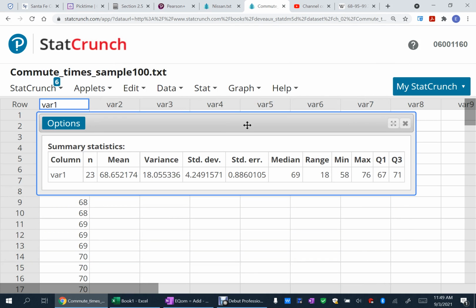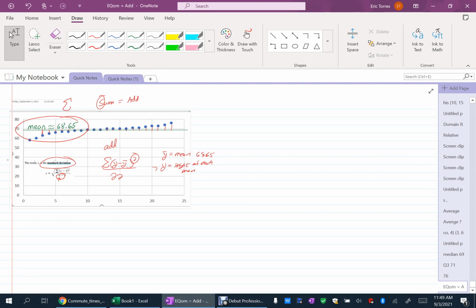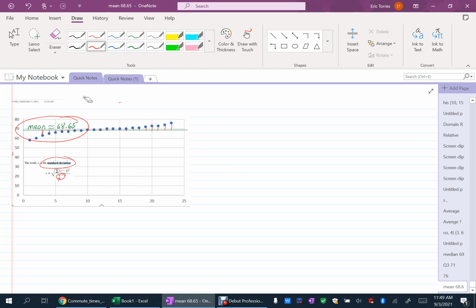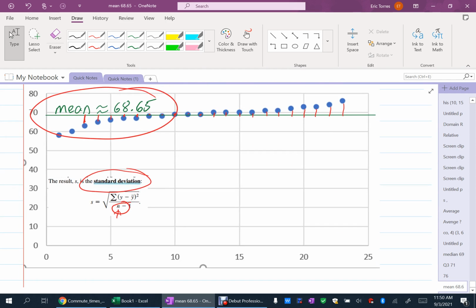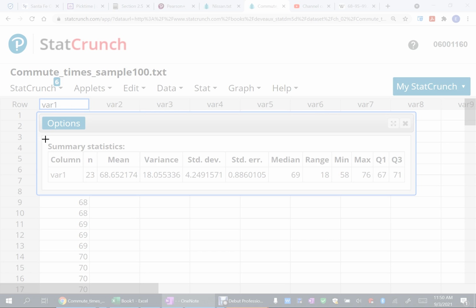So now we have this information here. Let's see, I'm going to bring that into my data here, and I'm going to erase all of this stuff that I wrote here. Now I'm going to insert these values.